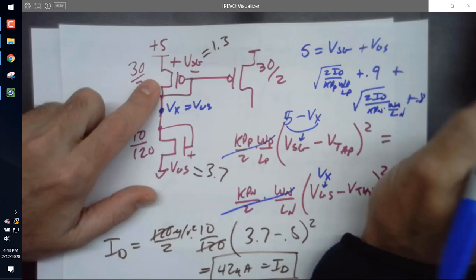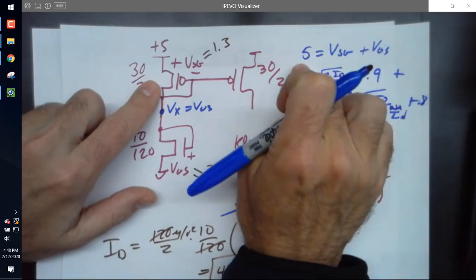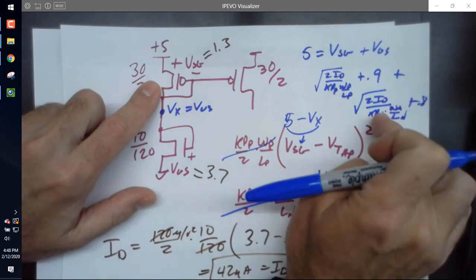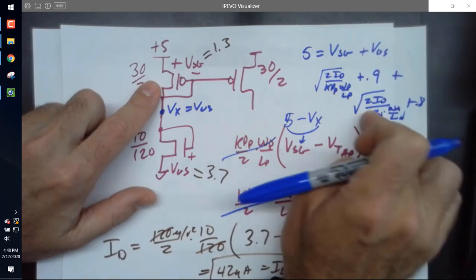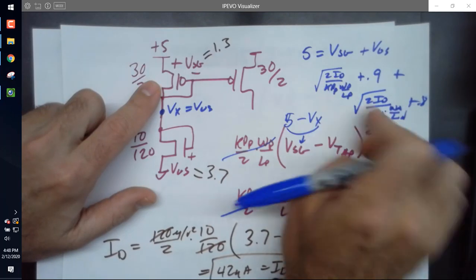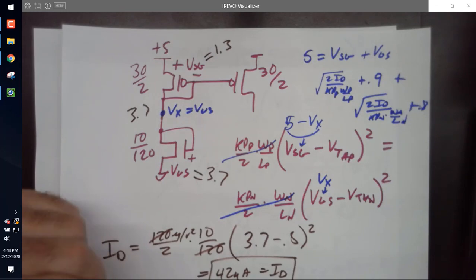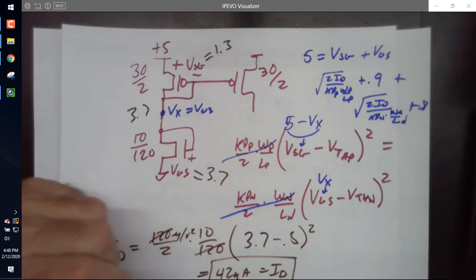Add the 0.8, 0.9, and 5 on one side. Notice that the square root term can be combined. I could factor out the square root of 2ID, and then I just take the square root and boom, done. That's the way I would have done it. But doing it the way students want is always longer.